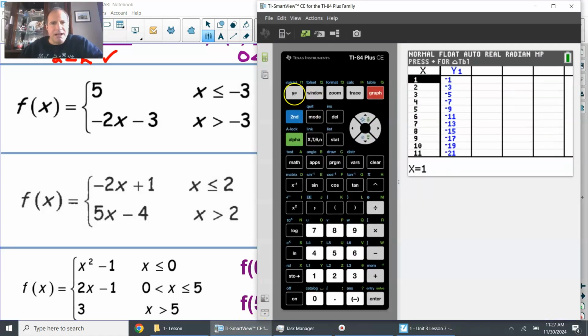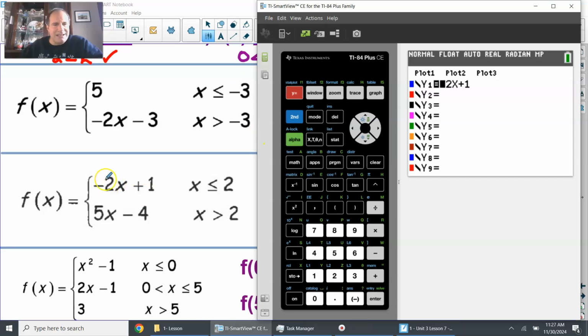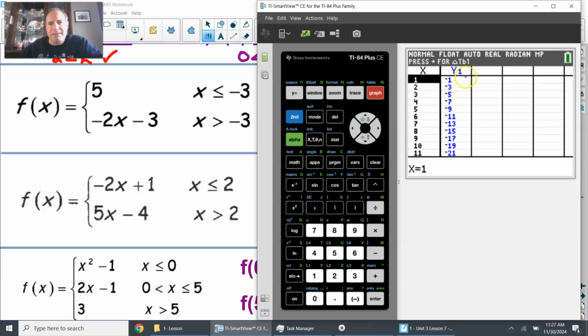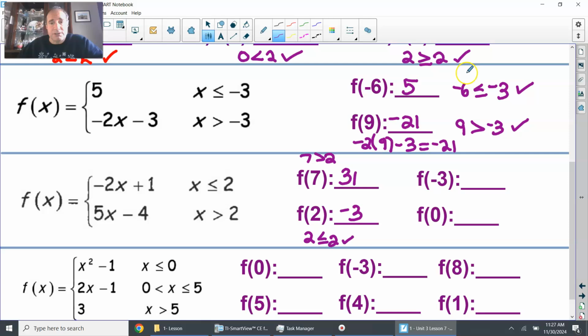And just remember, I substituted in negative 2x plus 1 into my calculator, so all the outputs are going to be correct for the inputs. So this is negative 3. So negative 3 is less than or equal to 2.